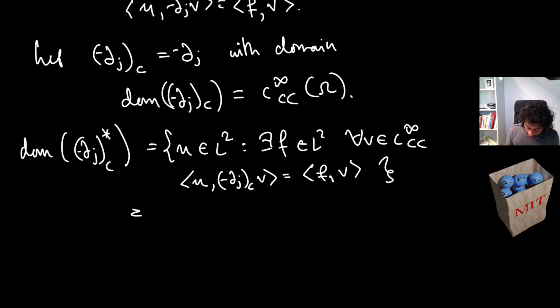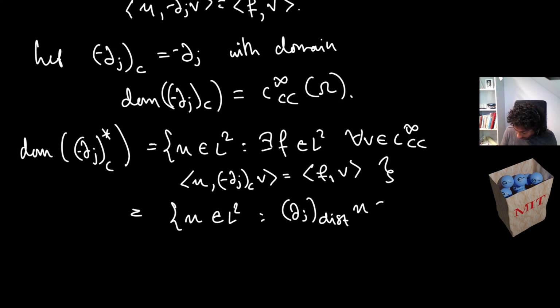And we can also characterize this in terms of the distributional derivative. So this is the U in L2 such that the distributional partial J of U is again in L2. Typically, it's not going to be in L2, it's just a functional. But now we want it to be an actual object in L2. So what does this mean?